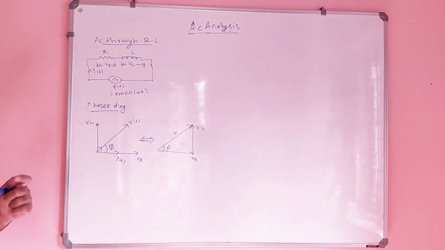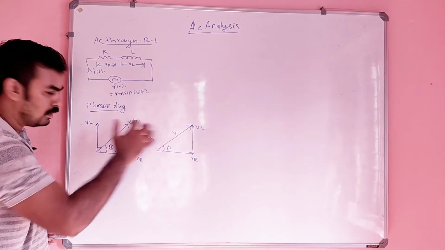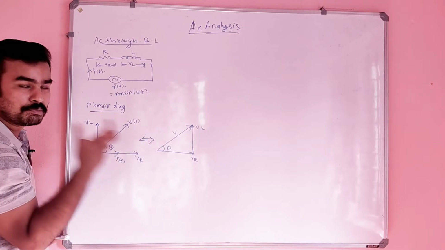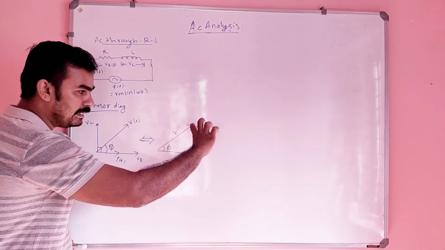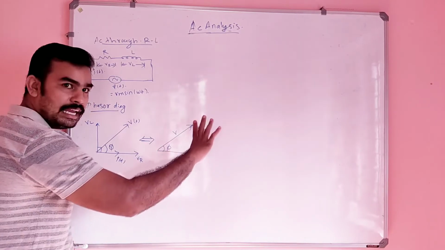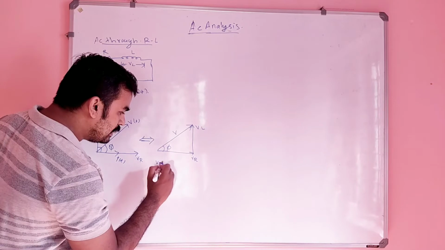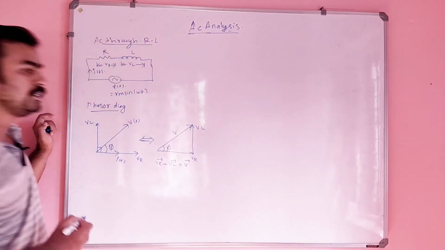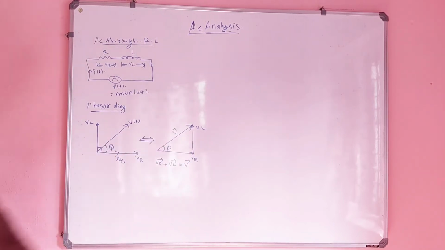Because this VL is taken to this side; it's my wish where I can place my vector. So I place it here. So VR plus VL will be equal to V. So I can say that vector VR plus vector VL will be equal to vector V.